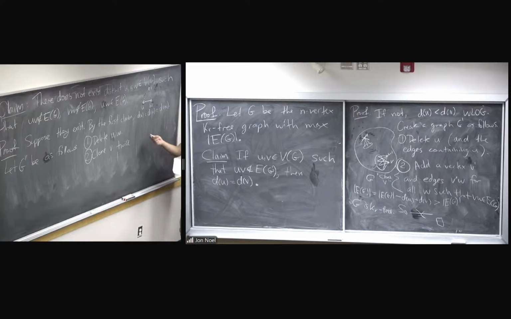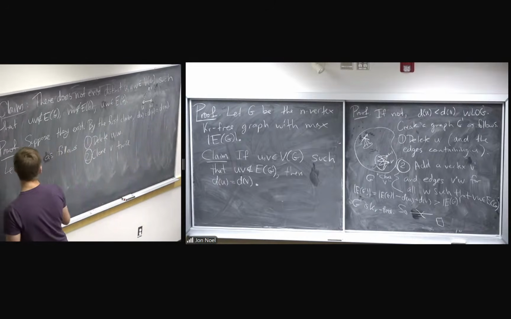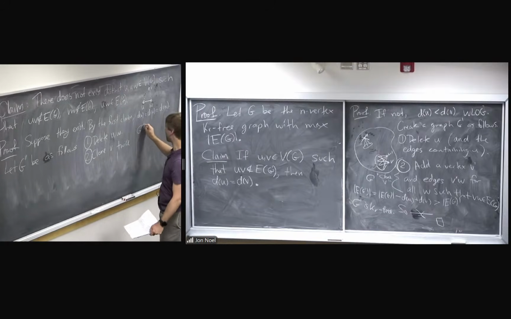And again, we already established that cloning something doesn't create KRs, right? Because if I had one in the clone thing, it would contain that clone, but then I could just switch it to the thing it's cloning, and that would be a KR as well. So yeah, G double prime has no KRs.